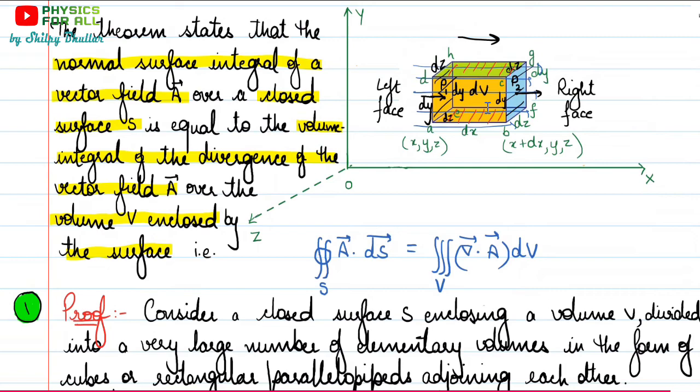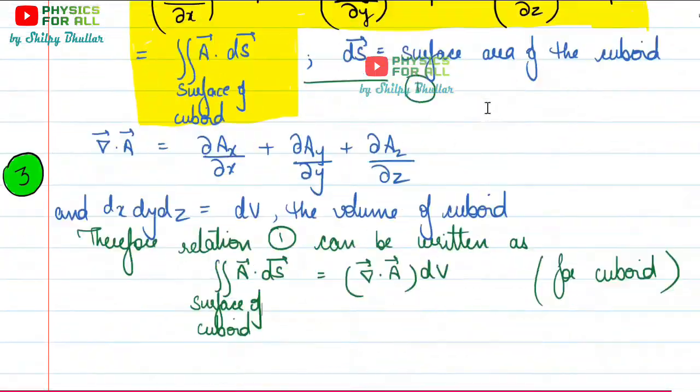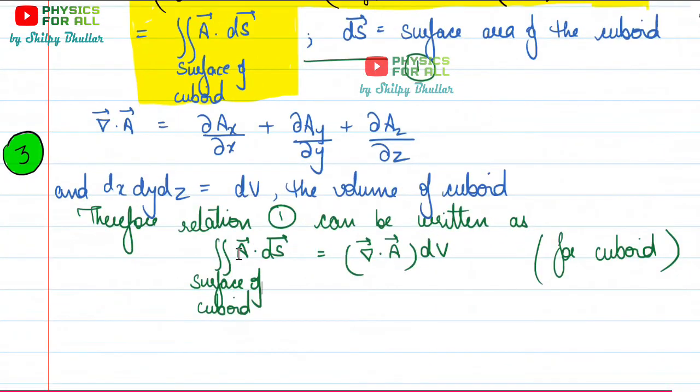So to find the value for the entire region, what do we have to do? We have to integrate. Here we have the integration because this A dot dS is already there, but this involves only the surface of the cuboid. Now we want to involve the complete surface.